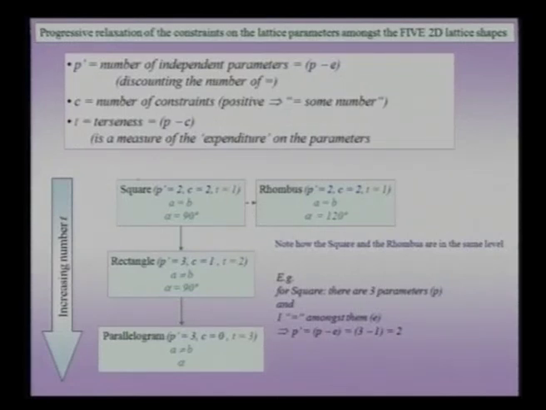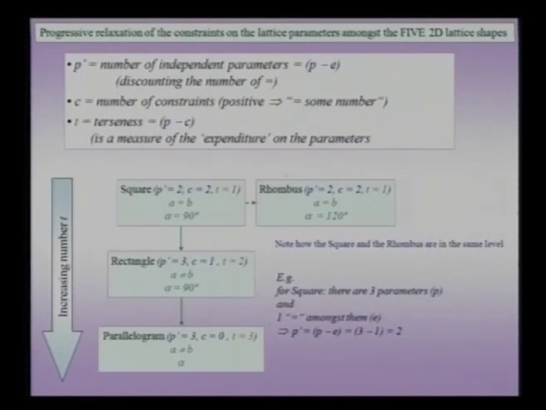Let us consider the square lattice, wherein in all these cases the number of independent parameters is 3, which is a, b and alpha, and we have 2 equations which connect them, as you can see. So the number of constraints is 2, so 3 minus 2 is 1, which is the terseness value for the square lattice.